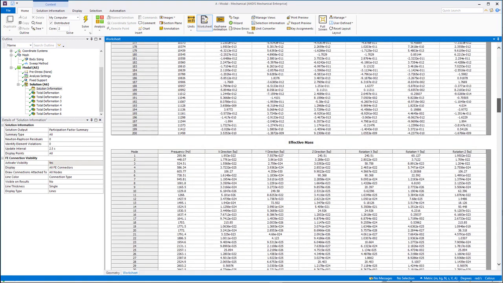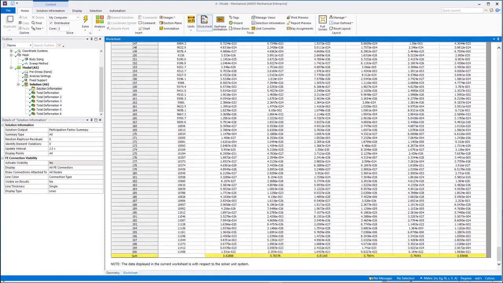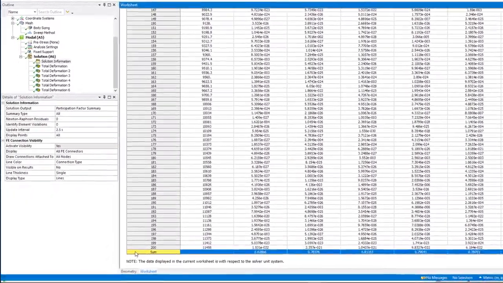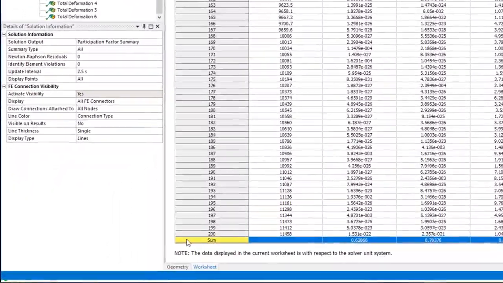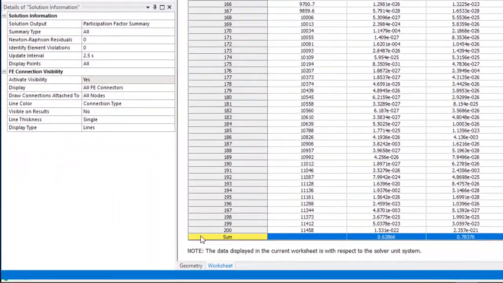As we can see, about 63% of overall mass is moving in x direction, comparing to the previous case where only 13% of the mass was moving in x direction. We can see a higher percentage of the actual mass moving in x direction when 200 modes are extracted, but it is still not 100% of the actual mass.